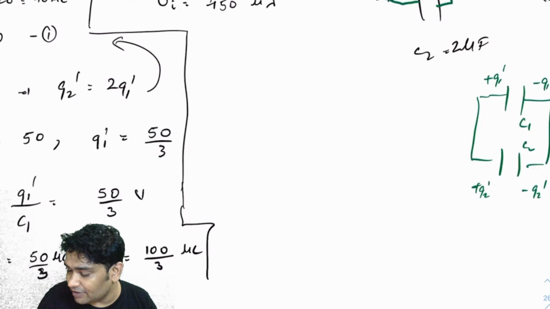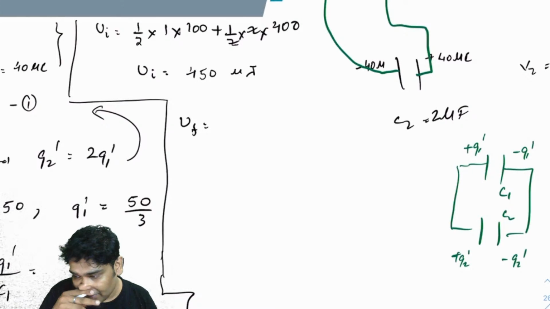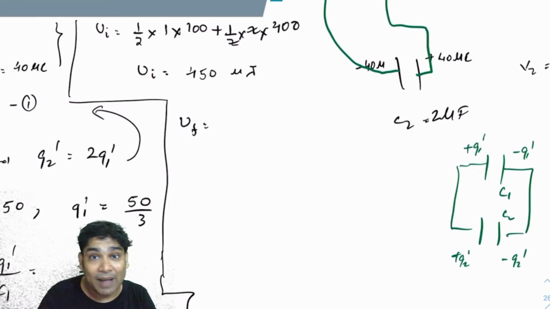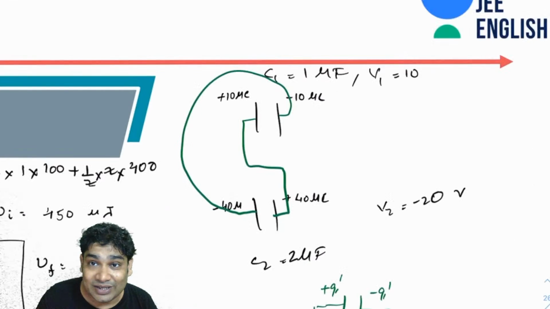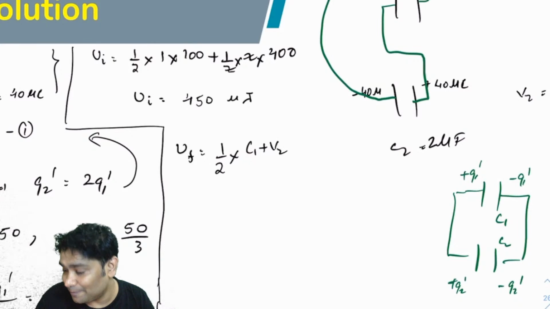What is the final energy? Finally, I know the common potential difference, and I know the net capacitance because these are in parallel, so it would be the addition of these. Net capacitance would be 3. So final would be half C1 plus C2 times V square.